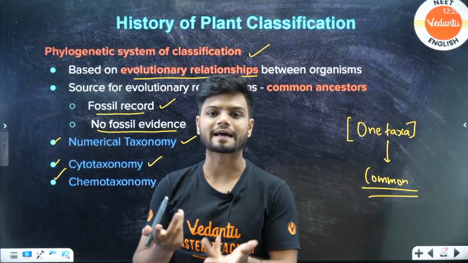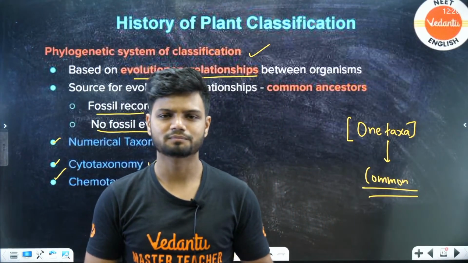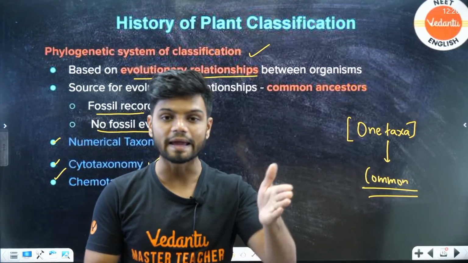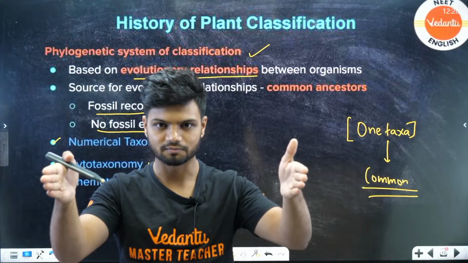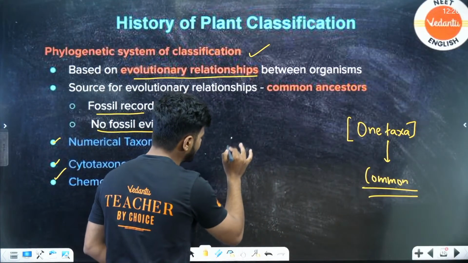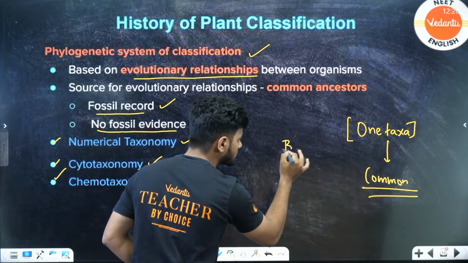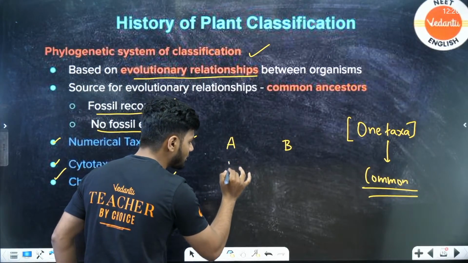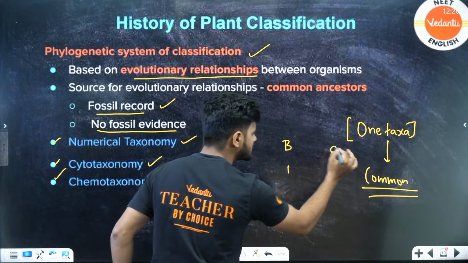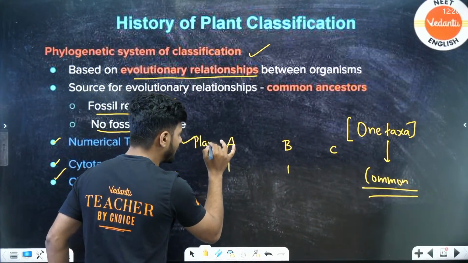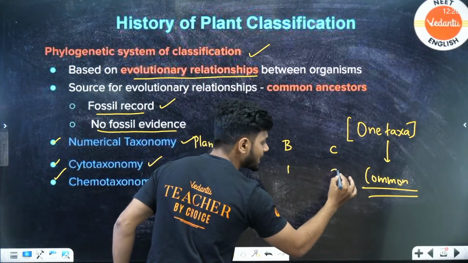Now what is numerical taxonomy, sir? Very simple. Basically you take two different characters. For example, we have plant A and plant B. Plant A has axial placentation. Plant B also has axial placentation. But plant C has parietal placentation.